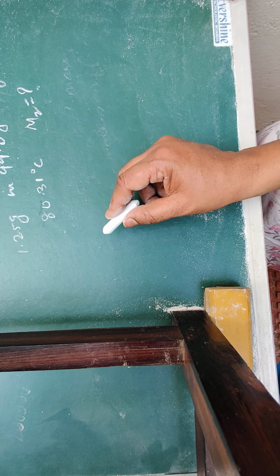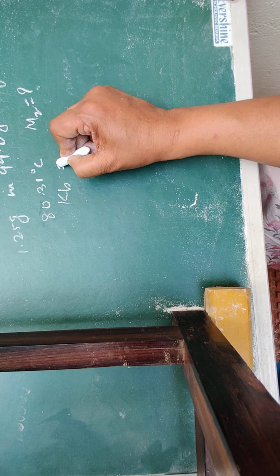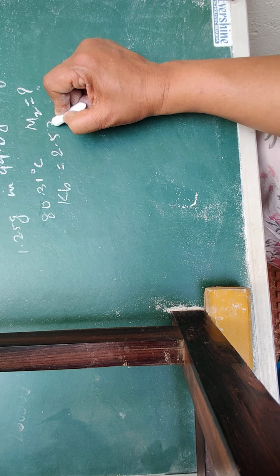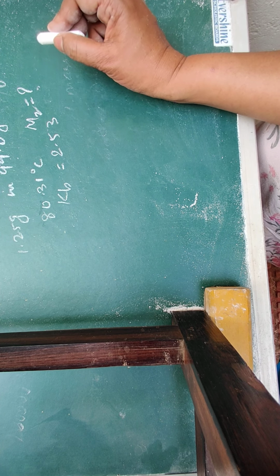Okay. Kb given for benzene is 2.53 Celsius kilogram per mole.